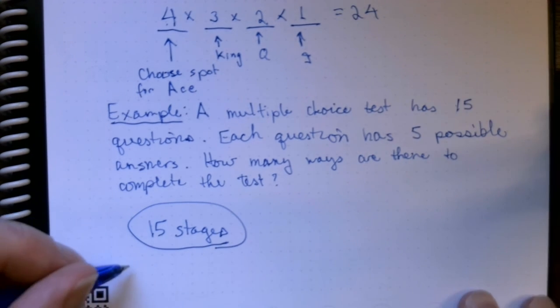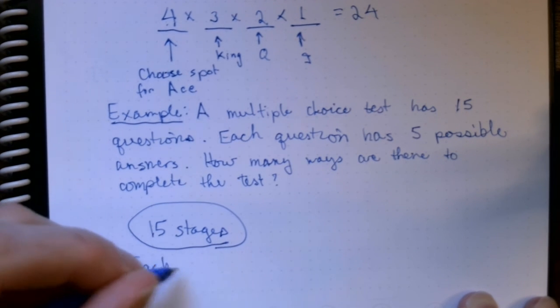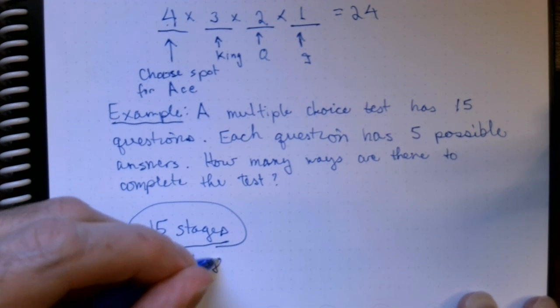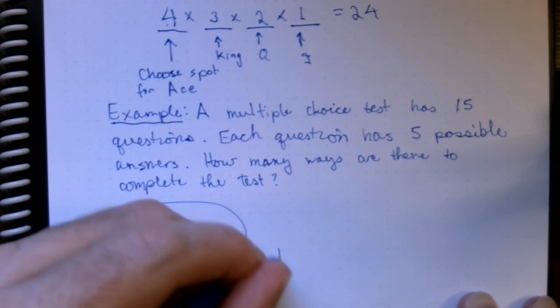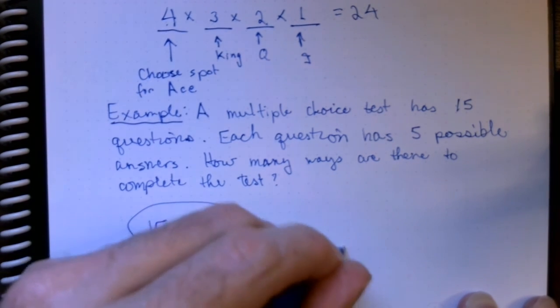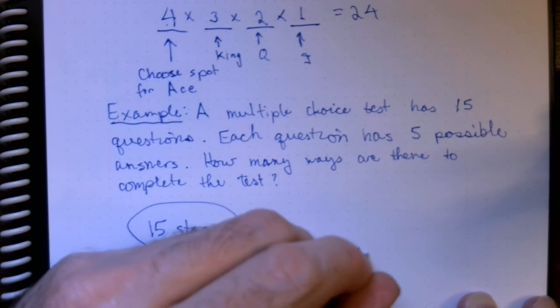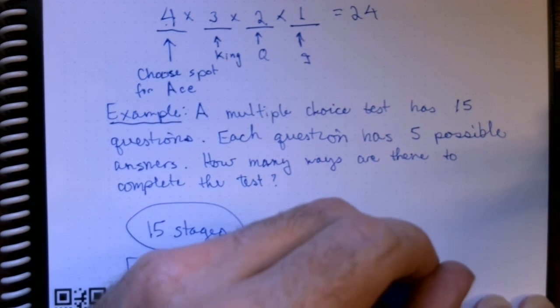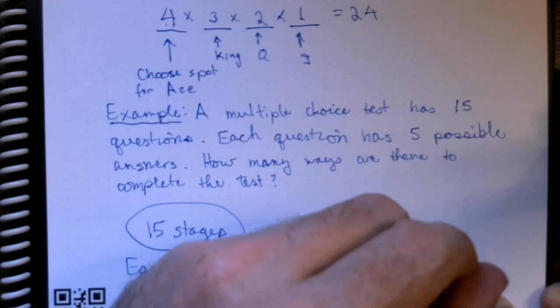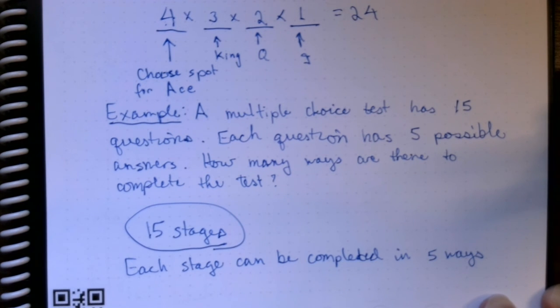Each of the stages can be completed in 5 ways. You have 5 options for each of the questions.